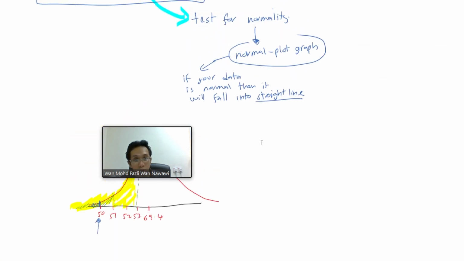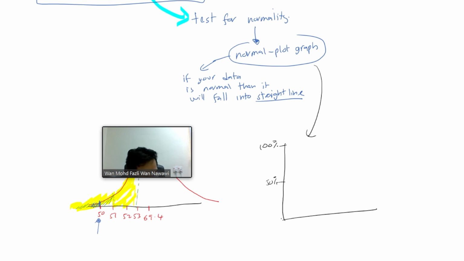If you want to draw this graph, the axis is a little bit different. It's like 50% in the middle, 100% at the top, but the scale is a little bit different.